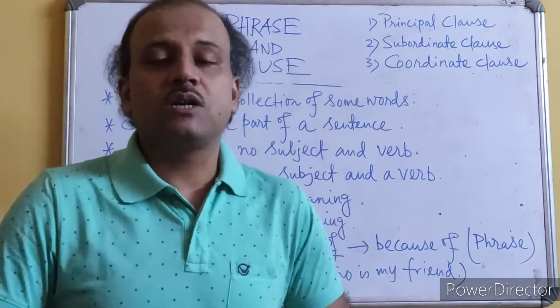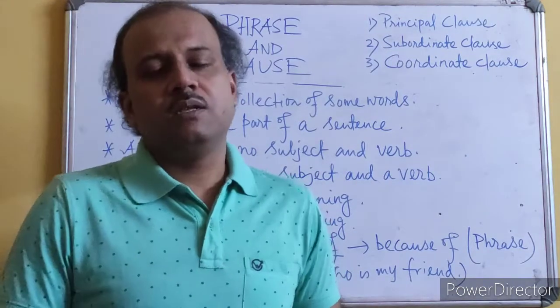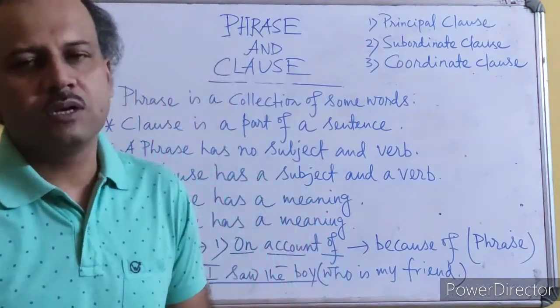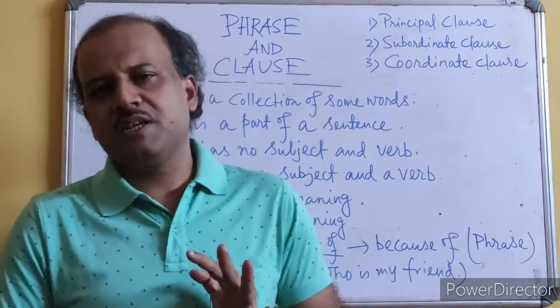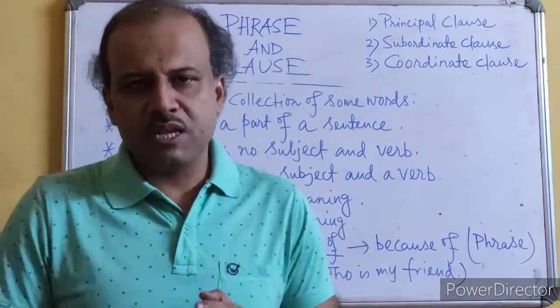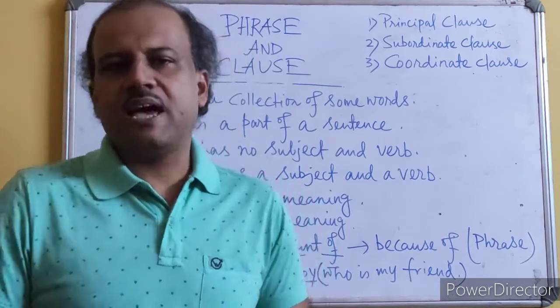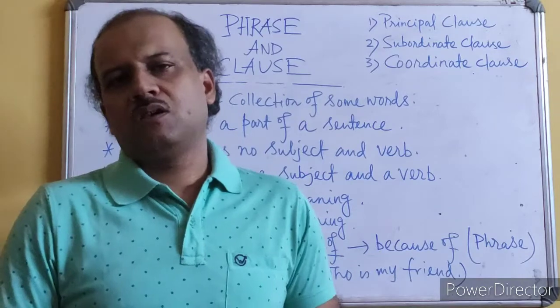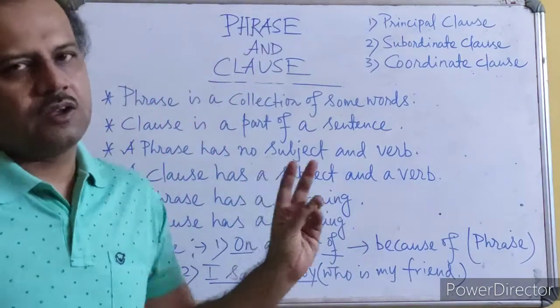If one asks what the similarities between phrase and clause are, there are two similarities. Number one, a phrase has a meaning and a clause has a meaning. Number two, a phrase is a part of a sentence and a clause is also a part of a sentence.